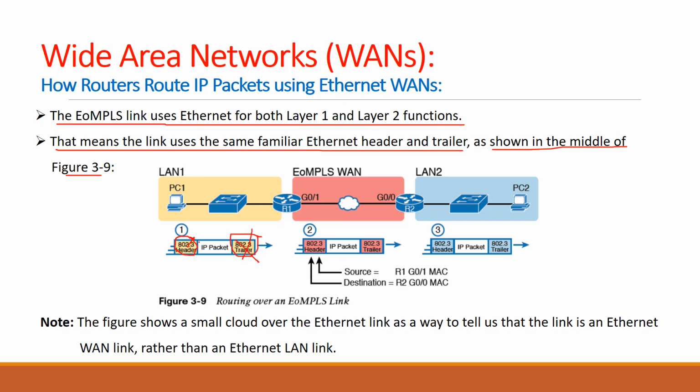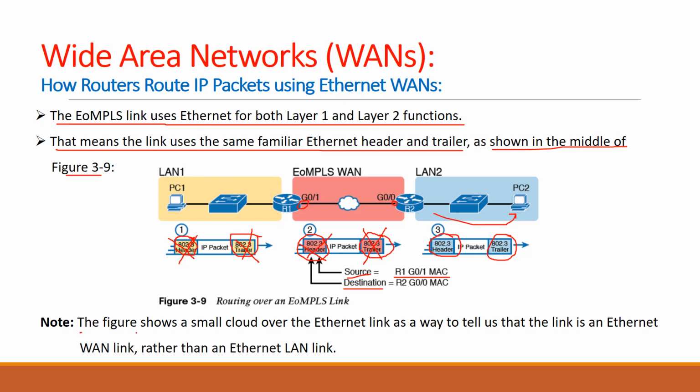R1 will remove this Ethernet header and trailer and re-encapsulate another Ethernet header and trailer, with the source being the MAC address of R1's Gi0/1 interface, and the destination MAC being the MAC address of R2's Gi0/0 interface. R2 will remove this Ethernet header and trailer and re-encapsulate another header and trailer, and forward the packet to PC2.